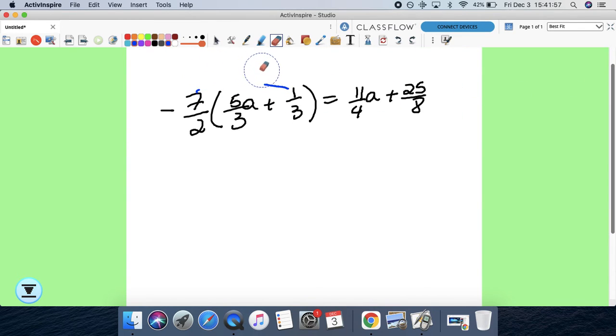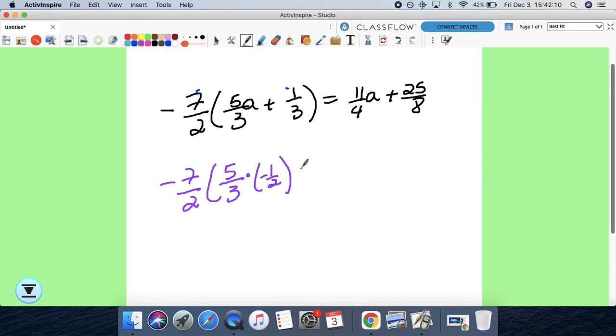And we're going to replace the a with negative a half, if memory serves me well. So negative 7 over 2 times 5 over 3, I'll put that in parentheses, negative a half, plus 1/3 equals 11 over 4 times negative a half, which I can put in parentheses, plus 25 over 8.